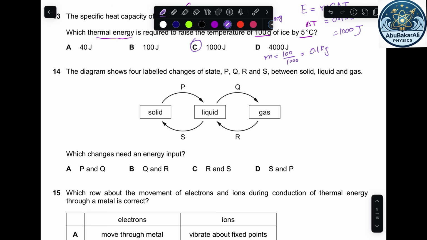When you are heating something, you are providing the energy. So if something is changing from solid to liquid, you are heating, which means you are providing the energy. So one is the P process, and from liquid to gas, again you are heating, you are providing the energy. So it is P and Q. This R is cooling, and this is also cooling. You are extracting the energy.